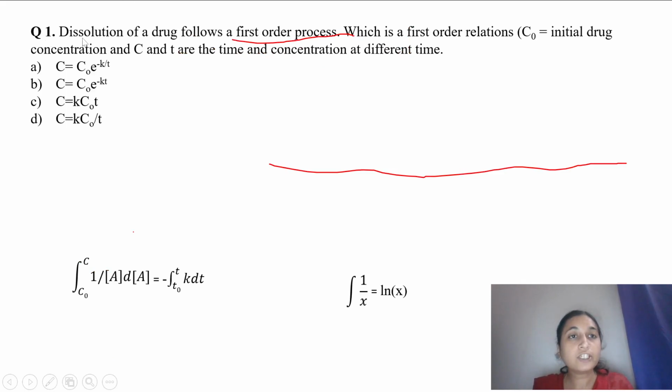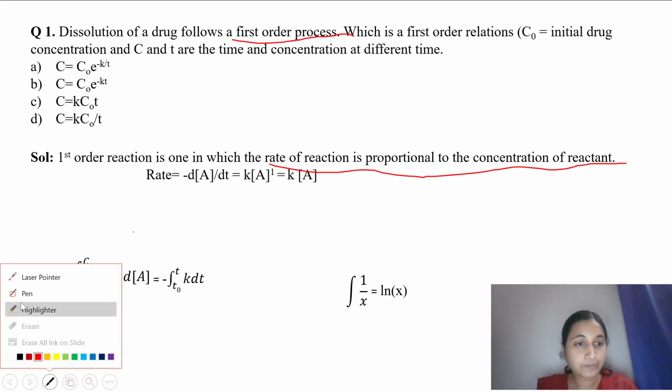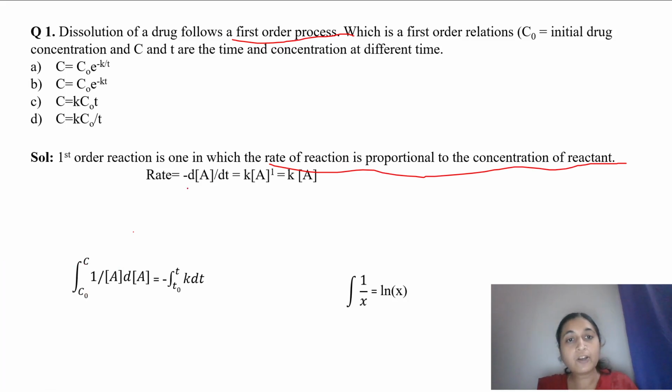So question 1: the solution of a drug follows a first order process, which is the first order relation. C0 equal to initial drug concentration, and C and T are the concentration and time at different times. So we all know the first order reaction is the one in which the rate of reaction is proportional to the concentration of reactant. So we all know minus dA upon dt equal to Ka power 1, because this is the first order reaction. So it will be Ka.